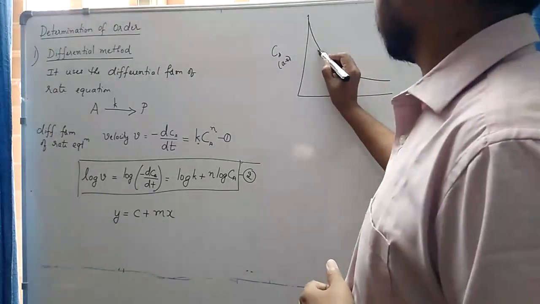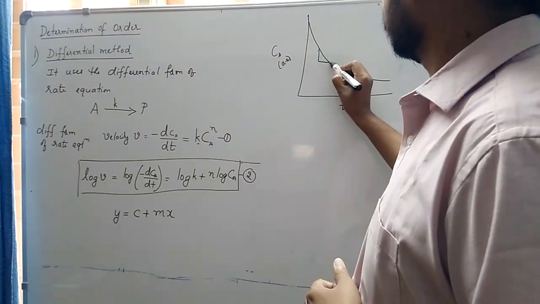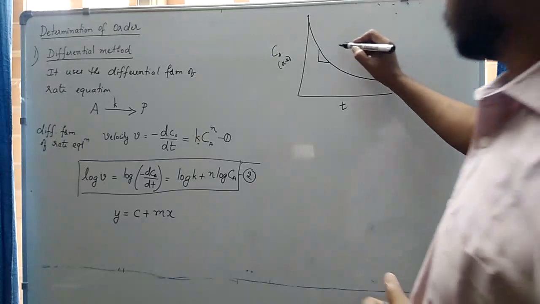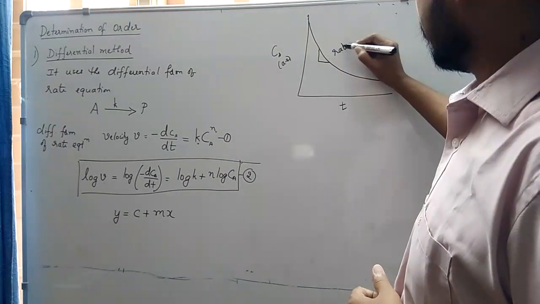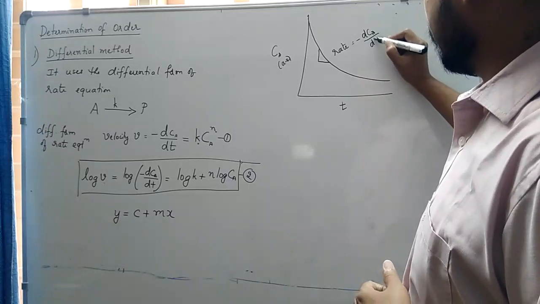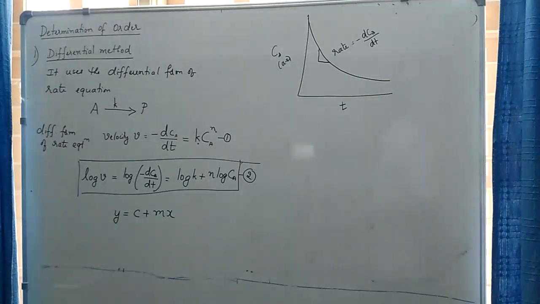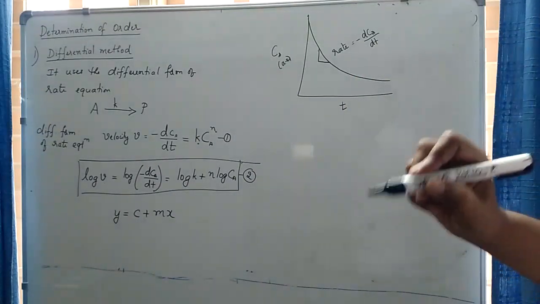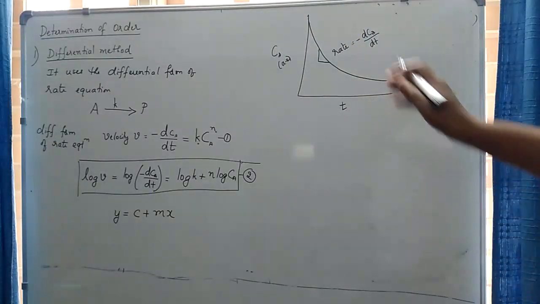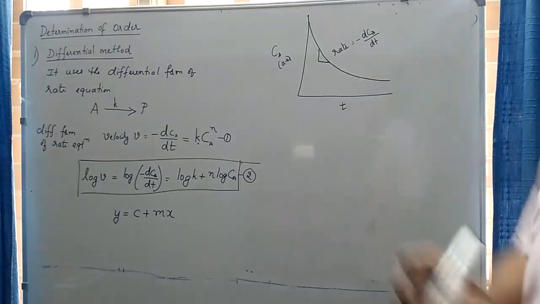The slope of this curve is nothing but the rate of the reaction, minus dCA by dt. So the rate of the reaction is nothing but the slope of a plot of concentration versus time. This is already a known fact to you.